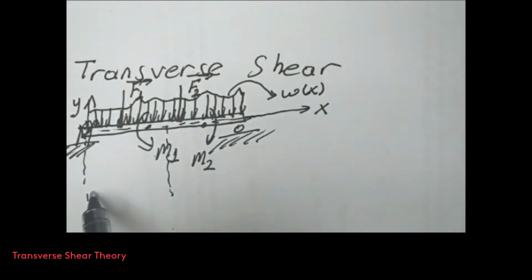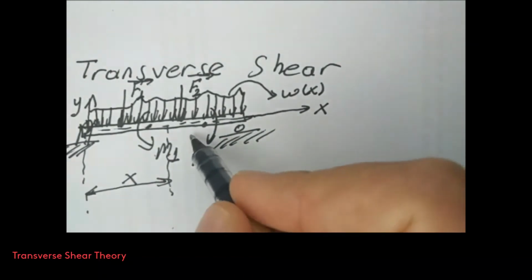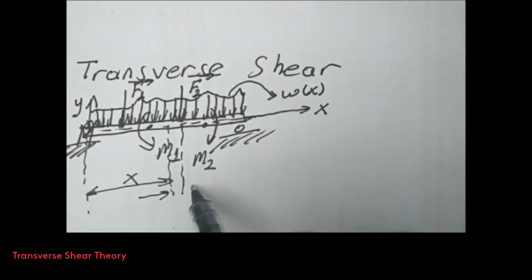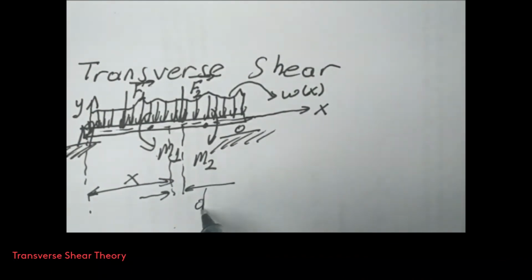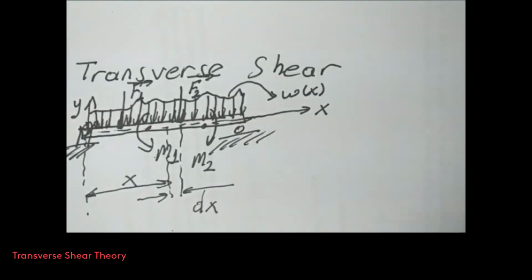For this purpose we will just focus on an arbitrary location, let's say x, and at this arbitrary location we will just take a tiny slice dx. Okay, now let's focus on this tiny slice.